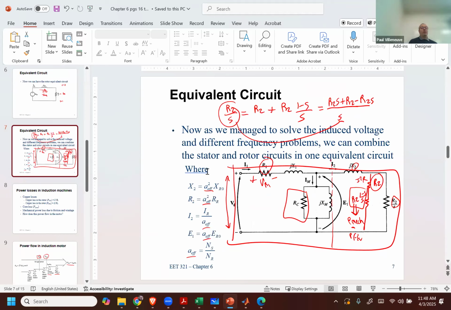But I like to do mesh analysis, because with mesh analysis, I can solve for I1 and I2, where I2 is the equivalent rotor current and I1 is the stator current, and I can calculate all those losses very readily in my machine. So over the weekend, you may want to brush up on doing mesh analysis in AC circuit land, because it's pretty helpful to look at these circuits from there.